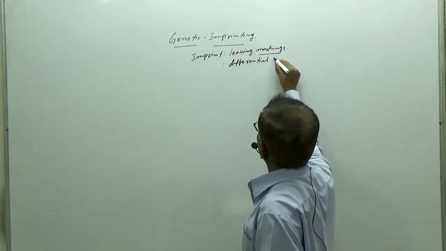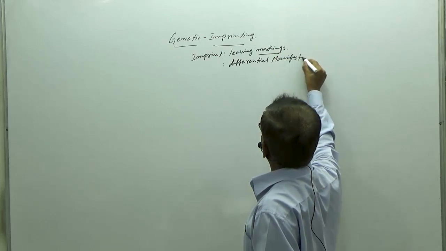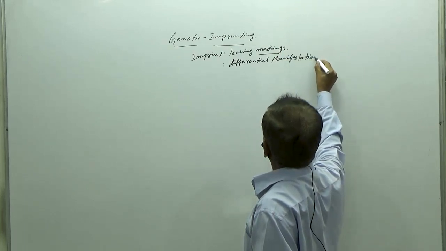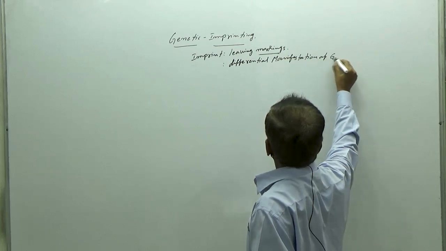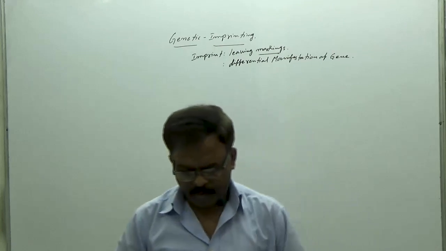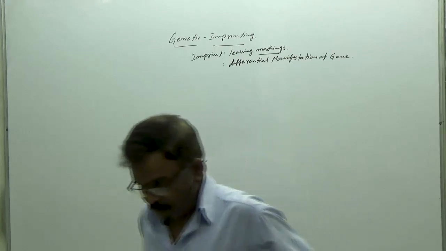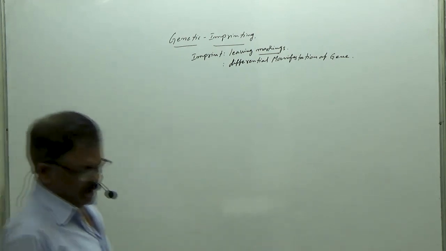Differential manifestation of gene. So differential manifestation of gene is known as genetic imprinting.